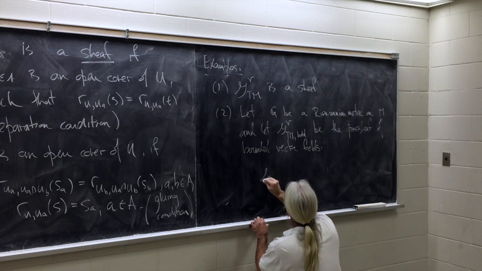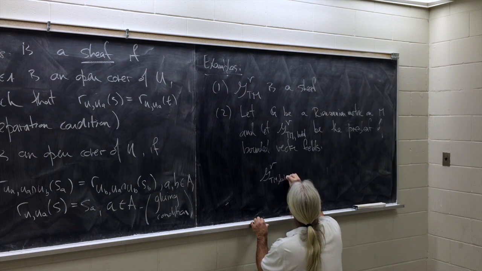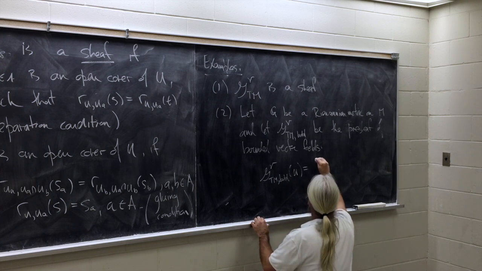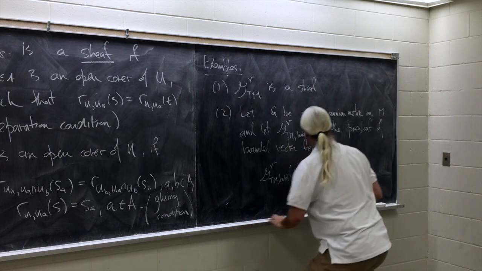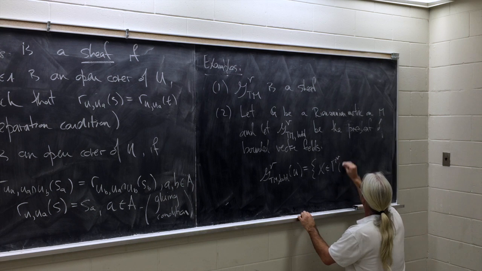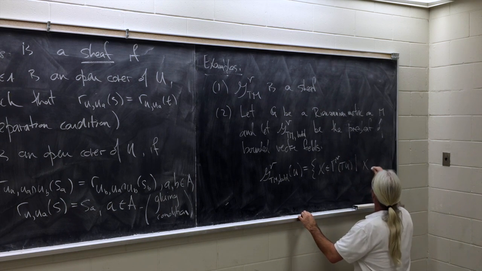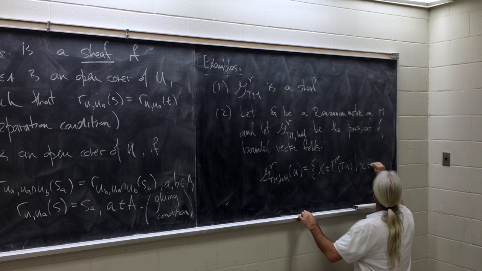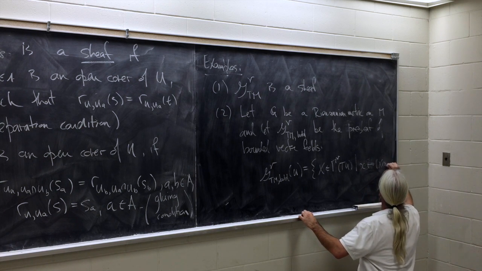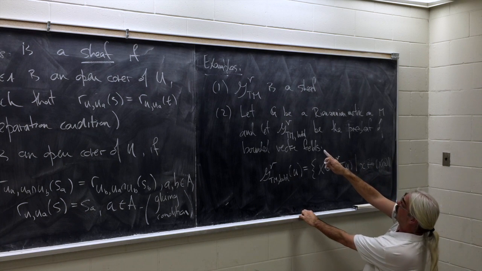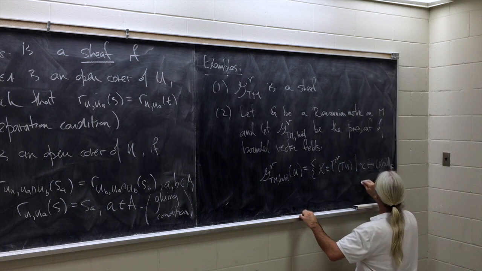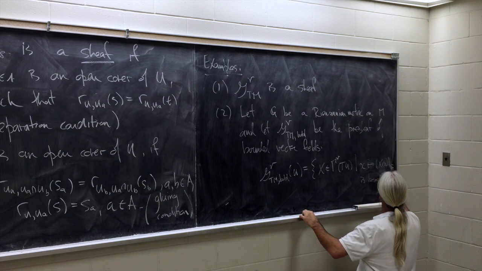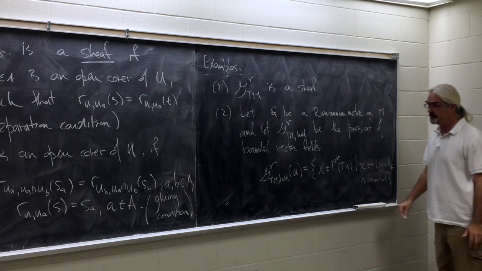It means that the set of bounded vector fields on U is the vector fields on U such that the function x maps to the norm of X of x, where this norm is relative to the Riemannian metric g, is bounded. So that's a presheaf.